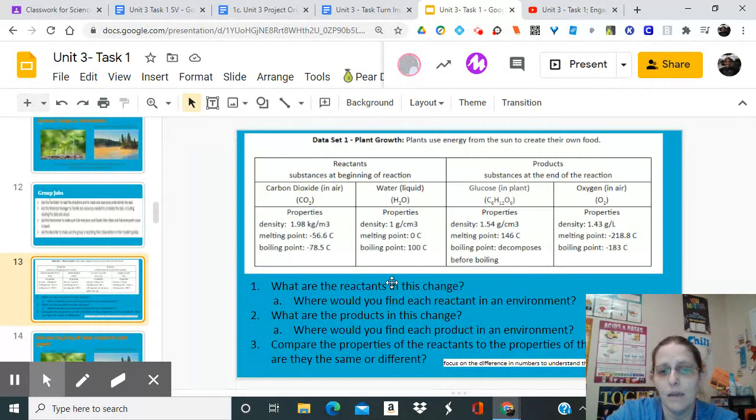Are they the same? Are they different? How are they the same? How are they different? You're just giving me your opinion. What are your observations about the changes? You don't have to be right or wrong because we don't really know yet. But I want to see what you observe about these things.